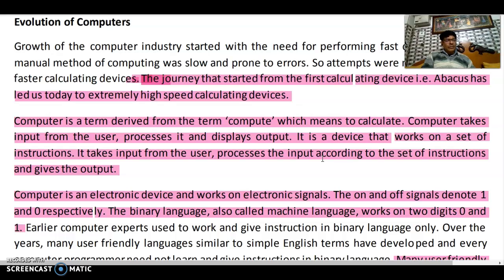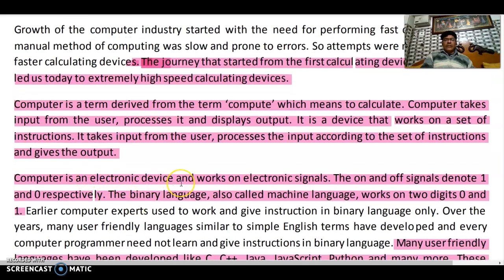This is a simple example. Whatever instruction you give, it does not have its own intelligence, so based on that instruction it will work. Ultimately it is an electronic device. Computer works on electronic signals.